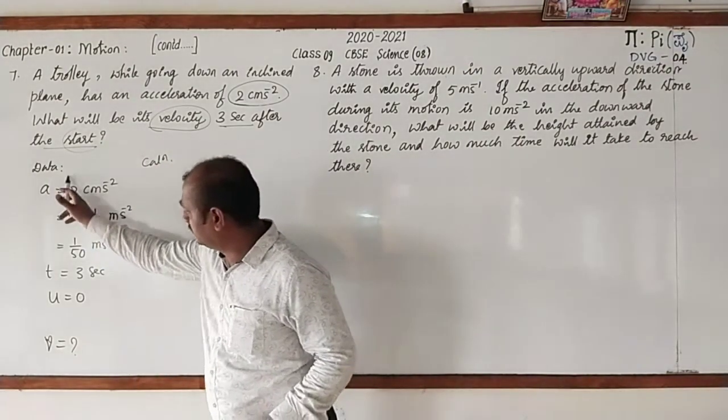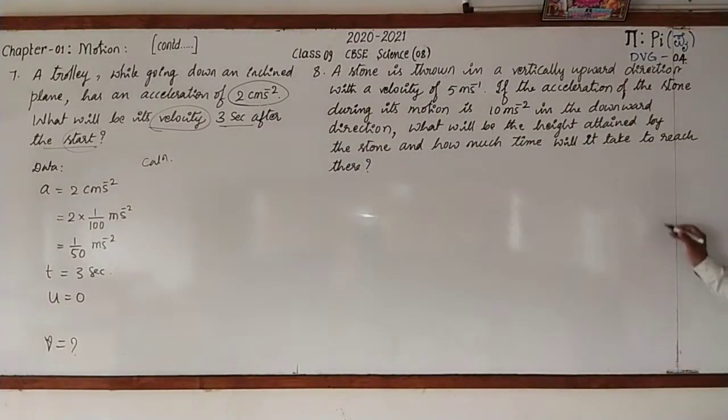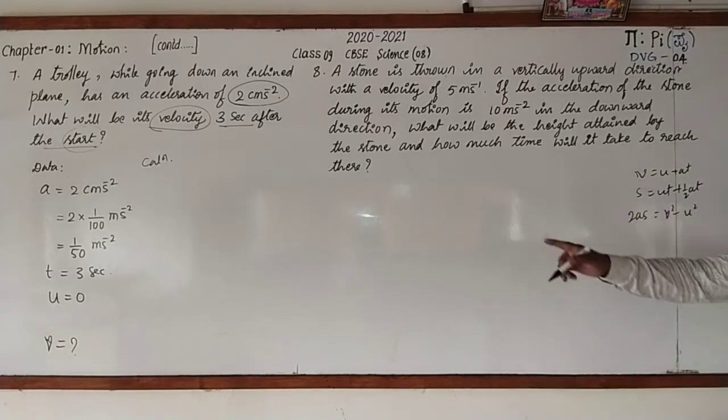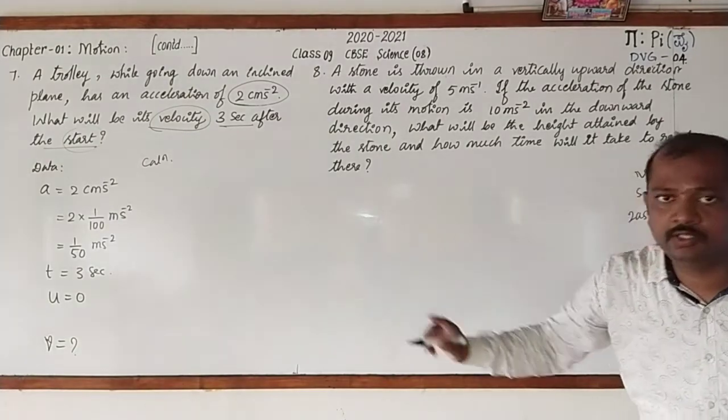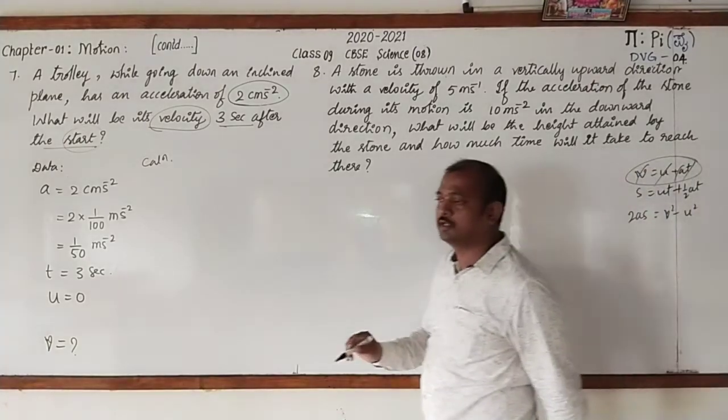See that: v equal to u plus at, s equal to ut plus half at square, 2as equal to v square minus u square. Which among these can be used? Yes, a, t, all four are there. You can go for using this.